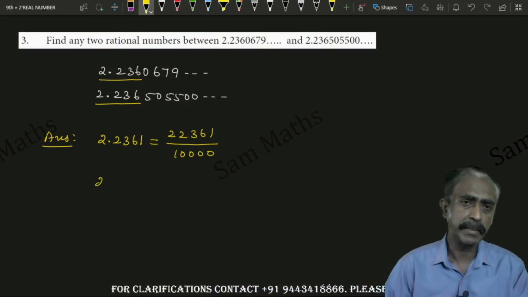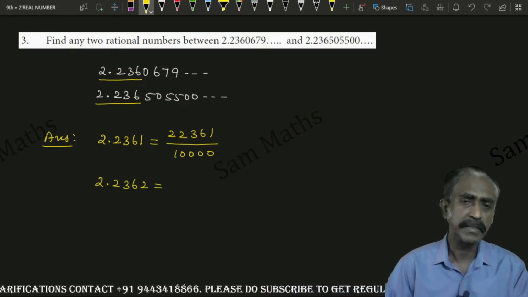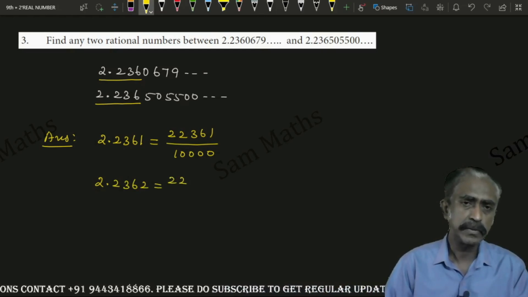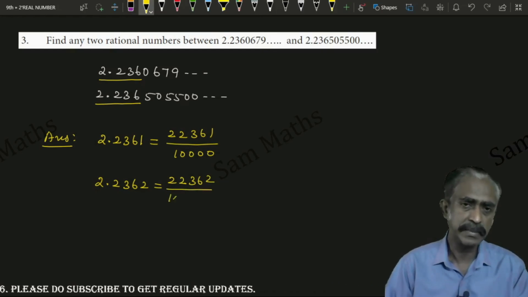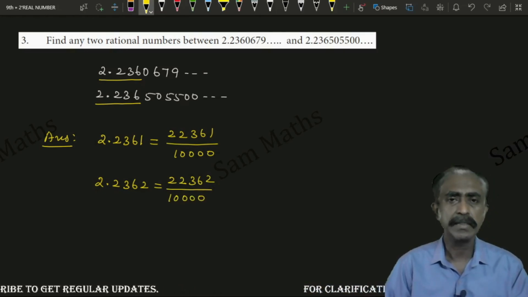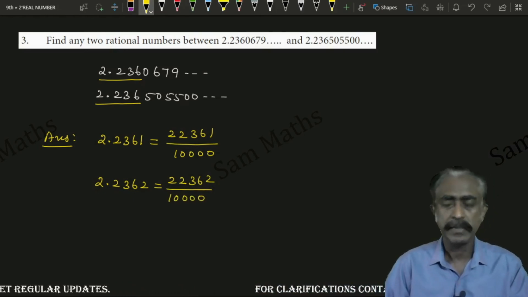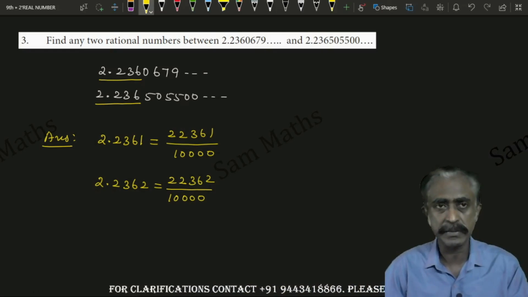Next number I am writing 2.2362, which is equal to 22362 divided by 4 zeros we have to consider, so it's again 10,000. Clear children? These are the required two numbers between the given two irrational numbers.